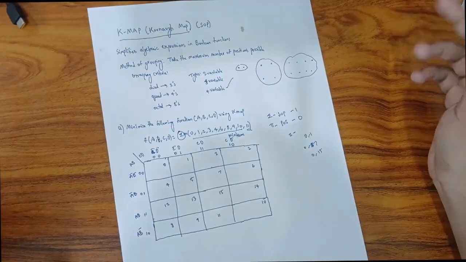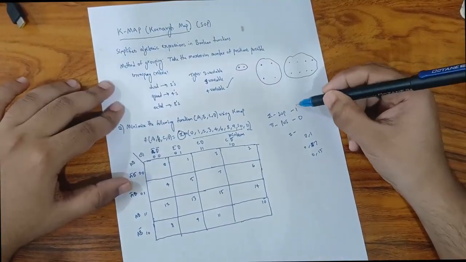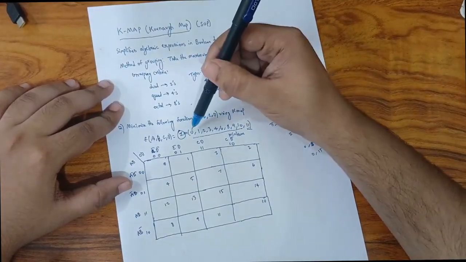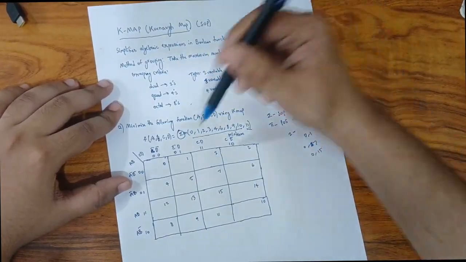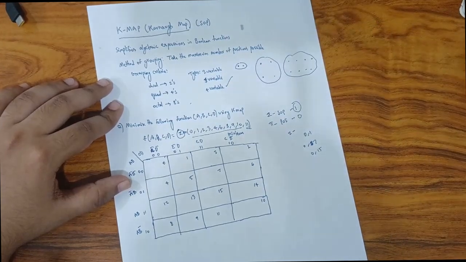Now let us actually substitute the minterms. I think I already told you before that we need to substitute ones. So let us substitute the ones. What this means is that minterms translate to the positions where we have to keep ones. So let us get started.